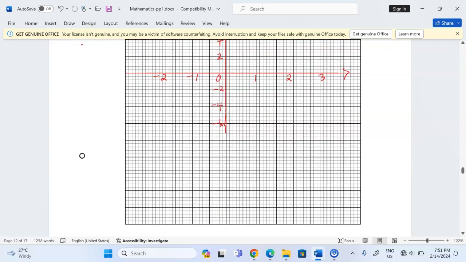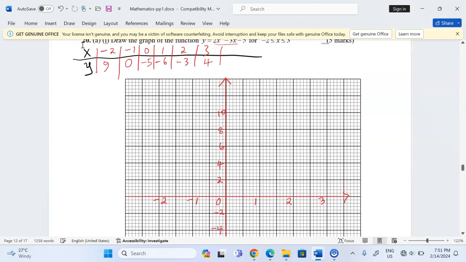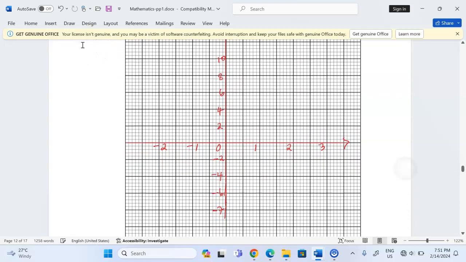You can also continue up to -7. Then now I plot my points on the scales, -2 against 9. So -2 is here and 9 is here. The intersection will be this point.